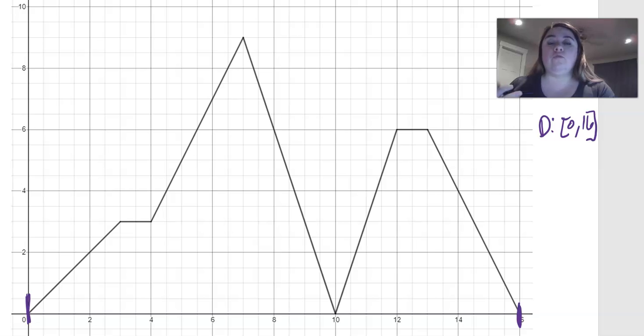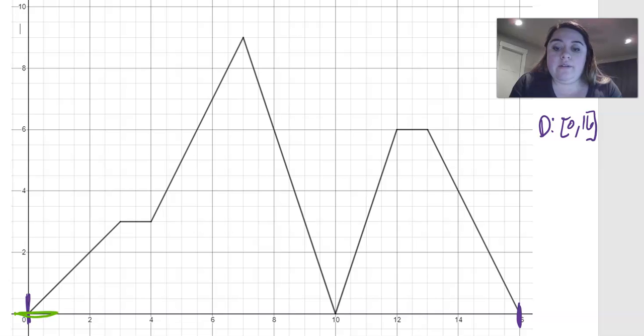Now, let's go over range. If domain is the set of all inputs, then the range is going to be the set of all outputs. So, what are the outputs of the function, basically? If I look on my graph here, we're looking at our y values now.